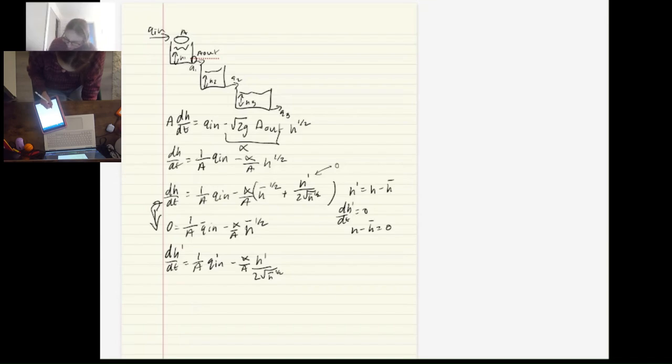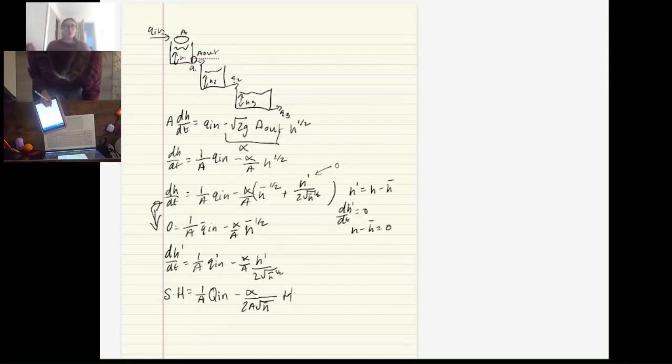Once we take the Laplace transform, we get sH equal to 1 over A Q in minus alpha over 2 h bar to the 1/2 times H here.